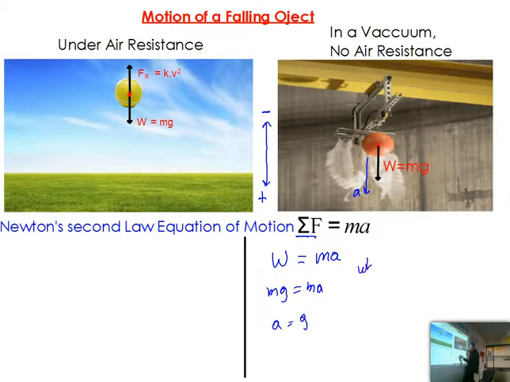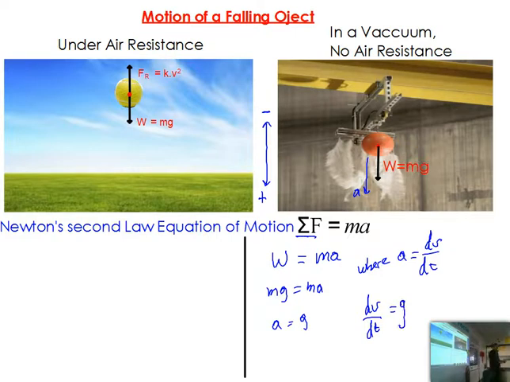Now, the next step to set up our differential equation is to recognize that a, the acceleration, is in fact the rate of change of velocity with respect to time. That's your dv/dt. And so we can form dv/dt equal to the acceleration due to gravity, g.